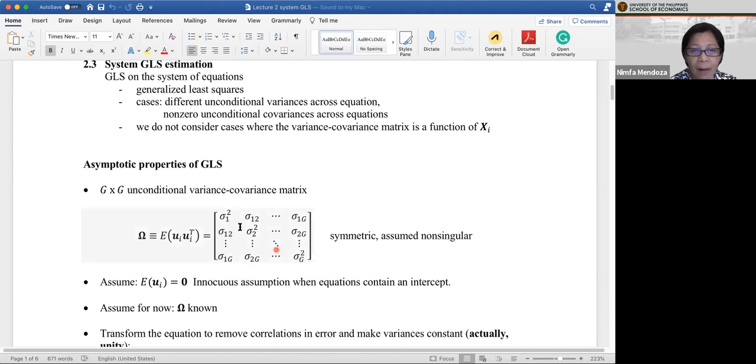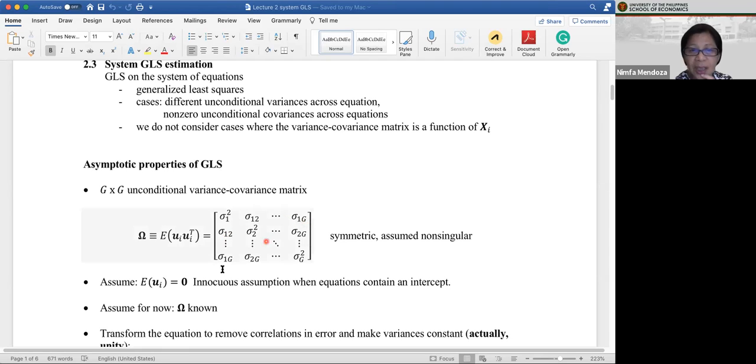Note here, along the diagonal, we have the variances of the disturbances. Off diagonal, we have the covariances. Note that this matrix is symmetric. So sigma sub 1,2 is equal to sigma sub 2,1. Therefore, I just denoted this as sigma sub 1,2.